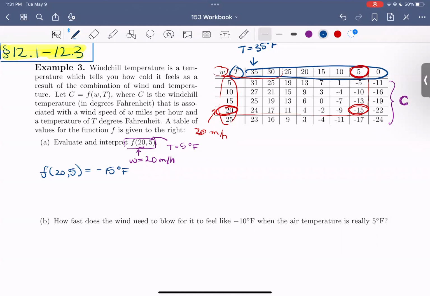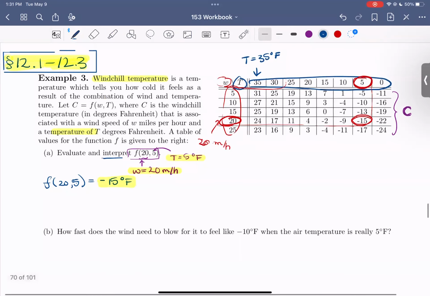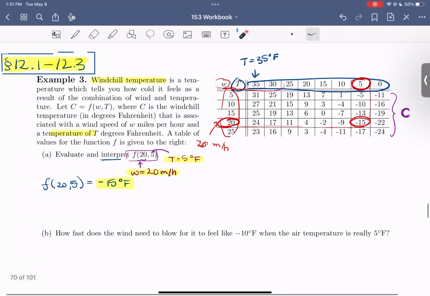Now let's interpret what that means. To interpret, we need to unpack what each of these variables represents. As we saw already, W is the wind speed, T is the temperature, and the output, negative 15 degrees Fahrenheit, is the wind chill temperature. So we can interpret that by saying, when the wind is at 20 miles per hour and the temperature is 5 degrees Fahrenheit, it's going to feel like it's actually negative 15 degrees Fahrenheit. Let's write that down.